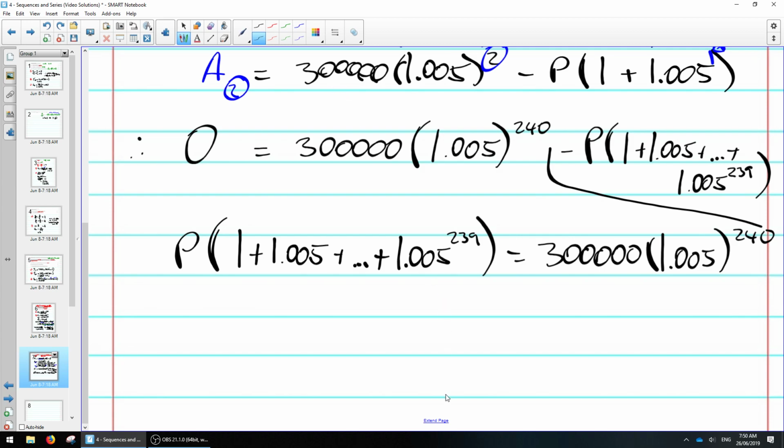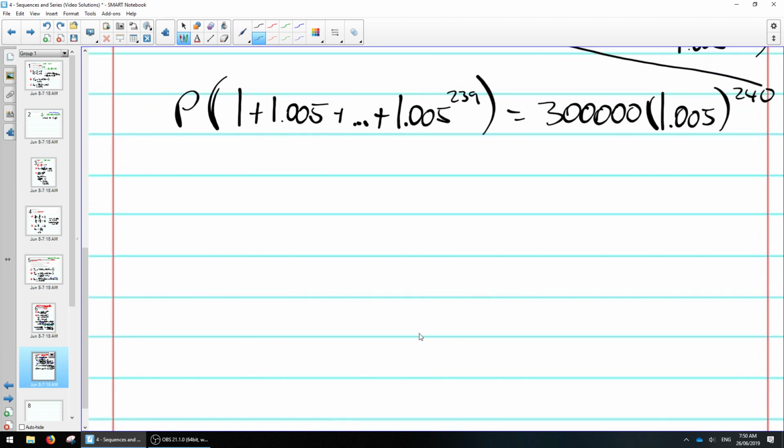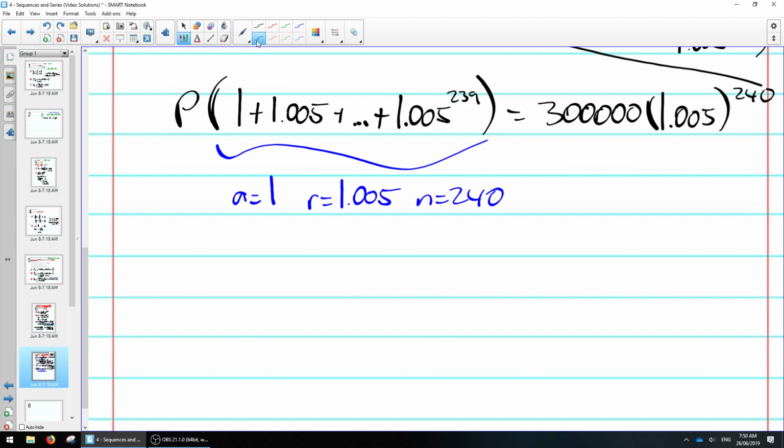And again, we're going to talk about this mini-series in here. So for this mini-series, we have a equals 1, r equals 1.005, n equals 240. So when we use that formula book formula again, I'm just going to skip the whole working bit, but this S240 is going to equal 462.0408, so let's call that A. And therefore, our P, if we know that all of this is A, we can just divide it over.